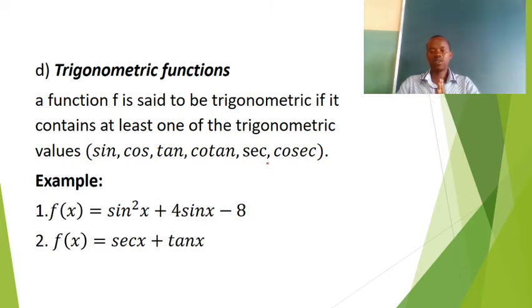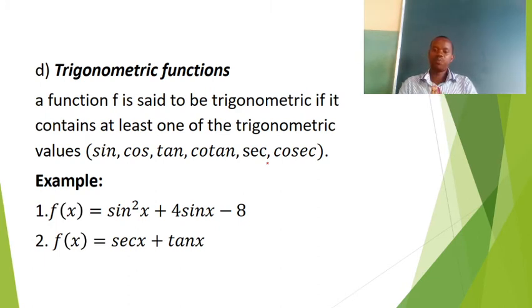If a function contains one of them, in this case we will call it a trigonometric function. We have an example here. Example number 1 is f of x equals sine squared x plus 4 sine x minus 8. You can see that this one contains the sine value.